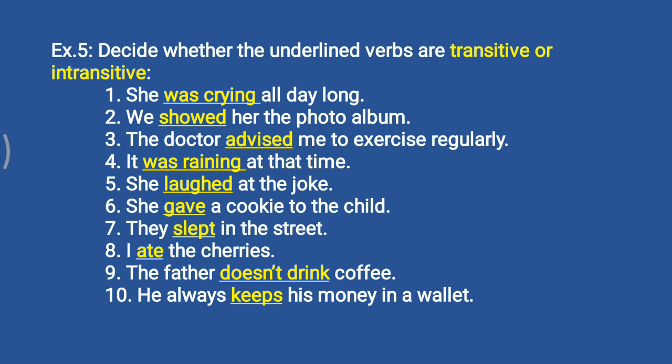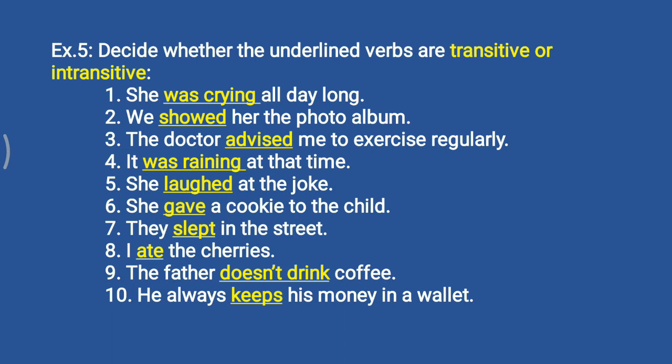Exercise number 5. Decide whether the underlined verbs are transitive or intransitive. As we have discussed, transitive verb is that which transfers its action to an object, and intransitive verbs express an action but does not require an object to make a complete sense.